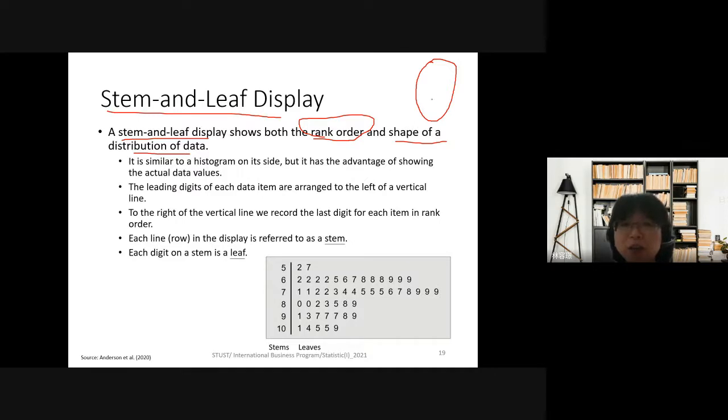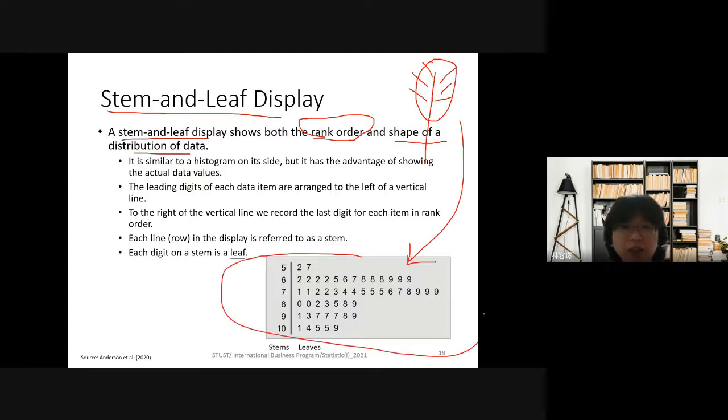You will find there is a stem, and there may be some other small stems on it. So the data it expresses looks like a leaf, with many stems on it. So they call it a stem and leaf display.